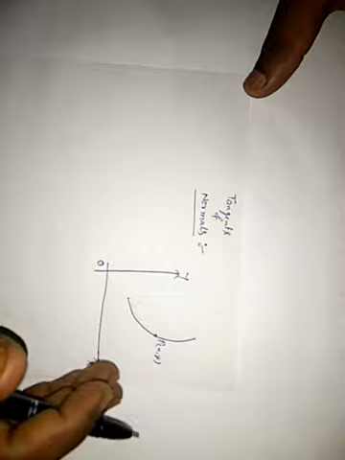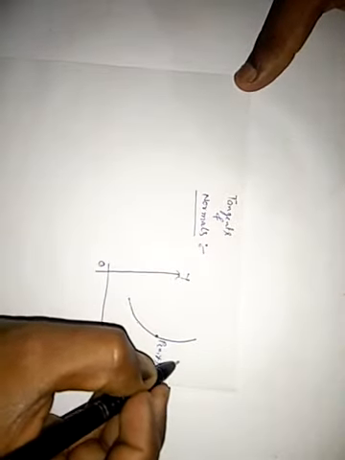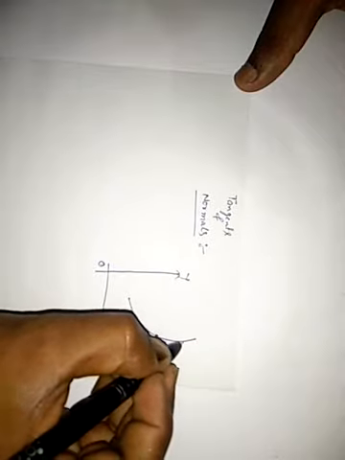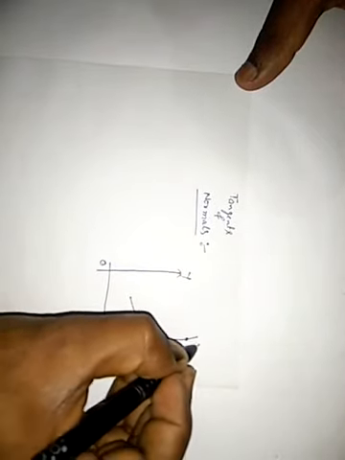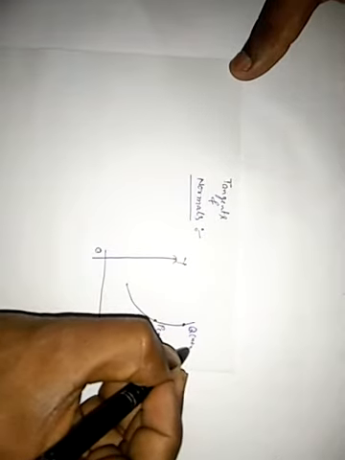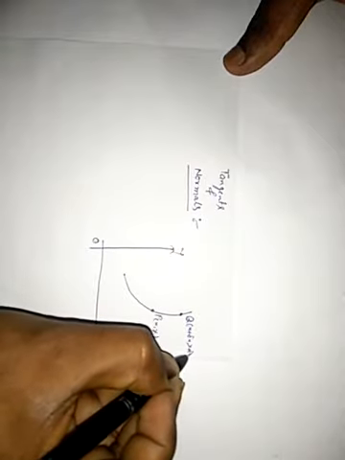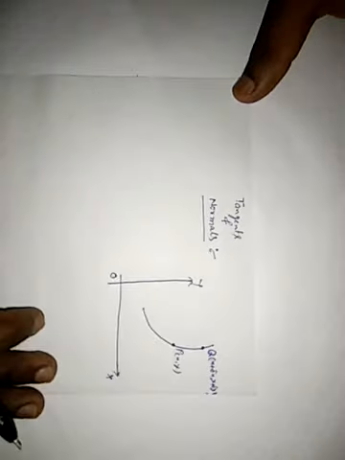Let Q be another point in the neighborhood of P, say Q(x plus delta x, y plus delta y).